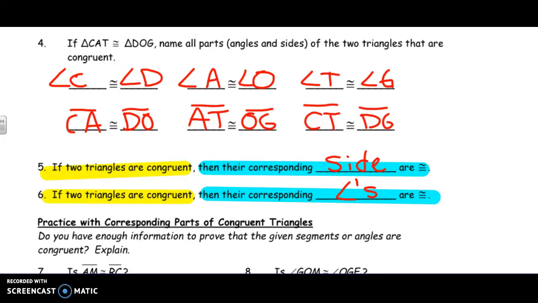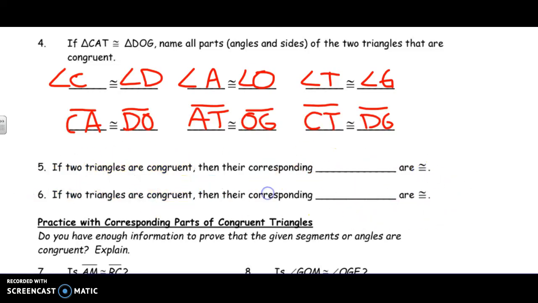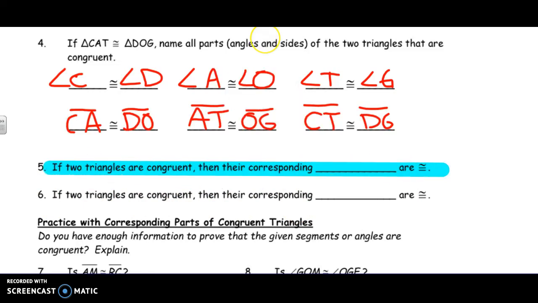Well, I personally, instead of writing out 2 different sentences or saying this twice, instead of saying every corresponding side and every corresponding angle is congruent, I actually just write one statement, and it would look like this. If 2 triangles are congruent, then their corresponding parts are congruent, standing for both sides and angles.